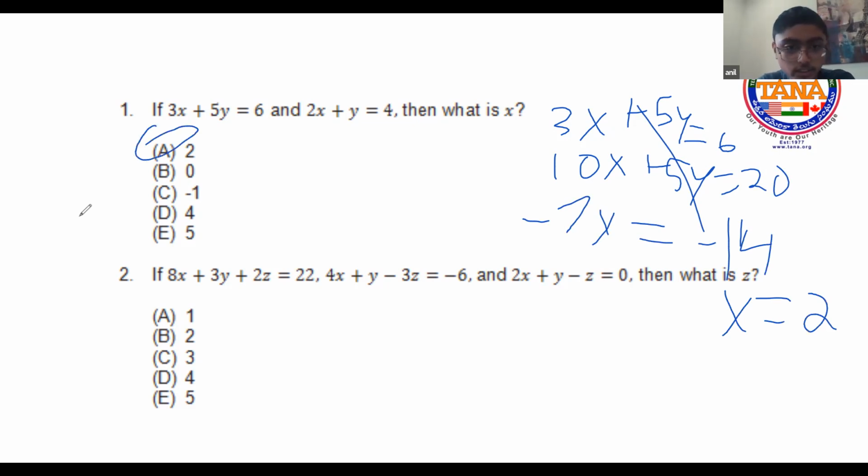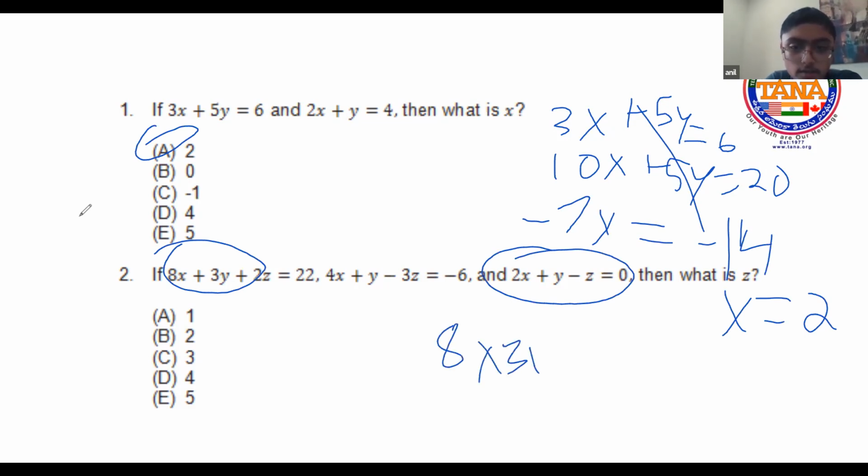And then for number 2, for this one, what you can do is cancel out these two. You can cancel out this and this for an answer. So you have 8x plus 3y plus 2z. And you can multiply this equation by 3, I think. Yeah, 3. So you have, wait, 8x plus 3.